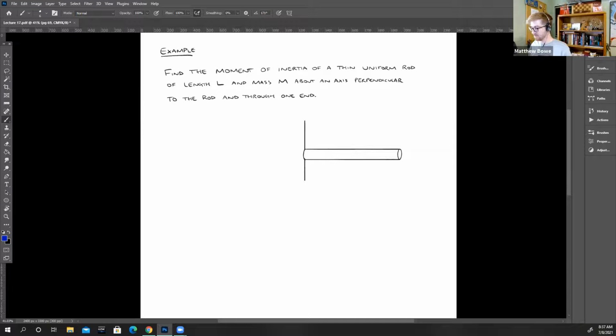We have this thin uniform rod of length L, mass M, same exact thing. I've made it look kind of three-dimensional. Maybe that would help. It's going to be rotating around one end.